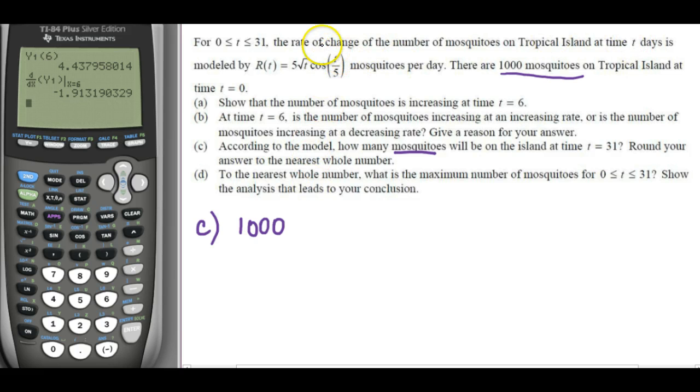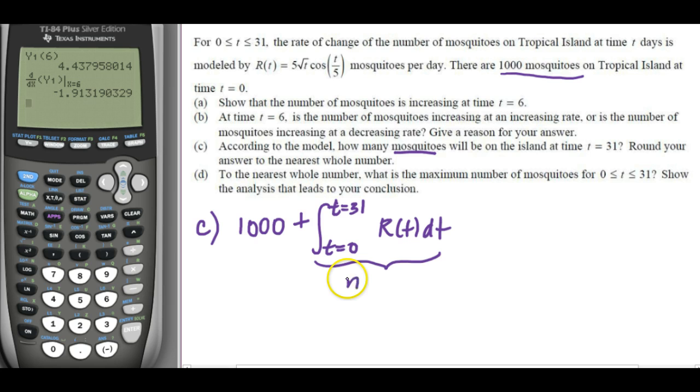So I'm going to need to integrate this quantity. So I'm going to add the integral of the rate of change between 0 and 31 days. So between t equals 0 and t equals 31 of r of t dt, this is the net change in the number of mosquitoes.